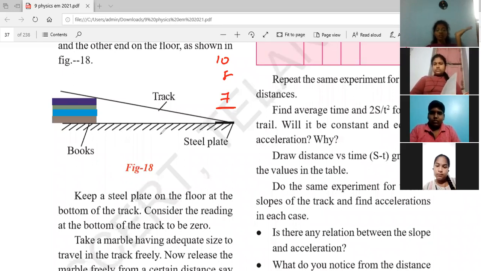So as the slope increases, the time to cover the distance decreases. Yes, it is decreasing. So we can say acceleration is increasing. So these are not constant here. When you draw a graph between these two, we'll get an increasing graph. Acceleration continuously keeps increasing.